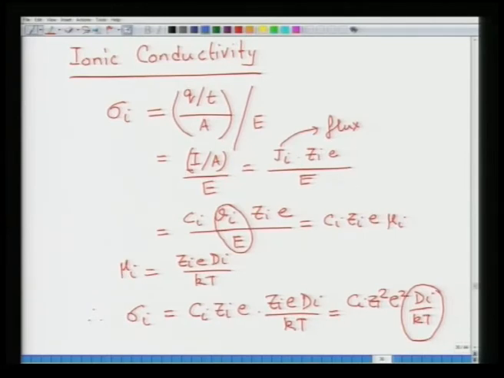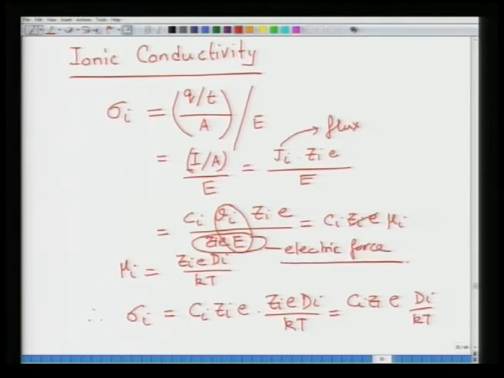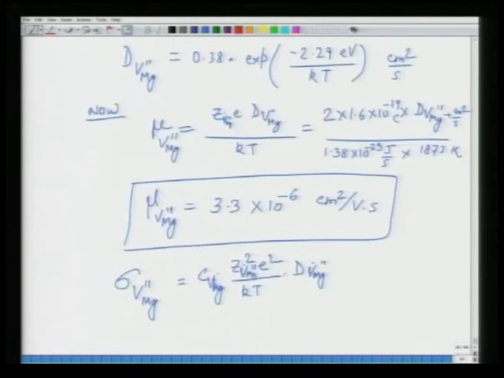I think we need to correct that: this would be Zi e e, and these two Zi's will cancel each other, so you will not have any square here. Okay, so yes, this is your electrical force. So, this is Ci Zi e Di by kT. This is one correction that you can make.